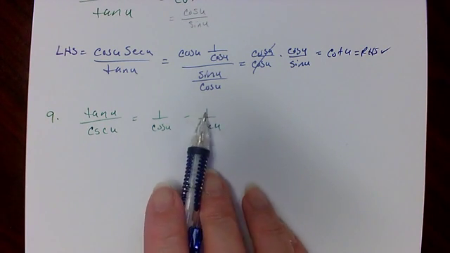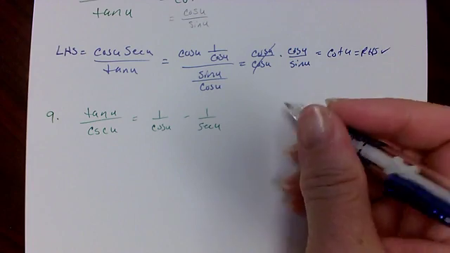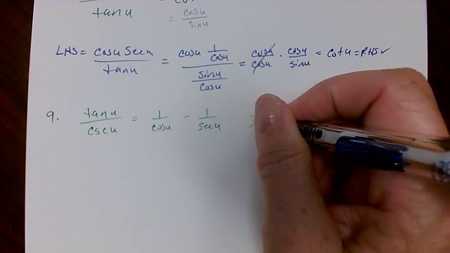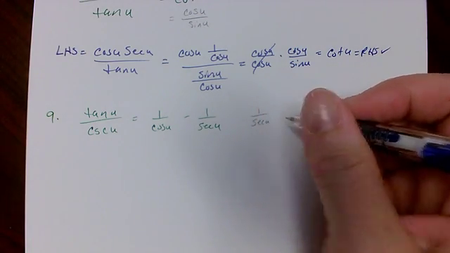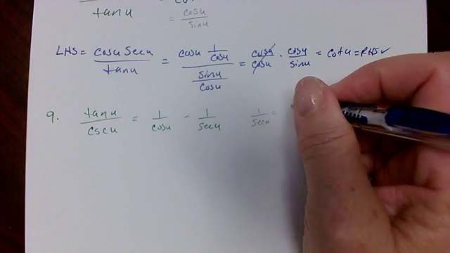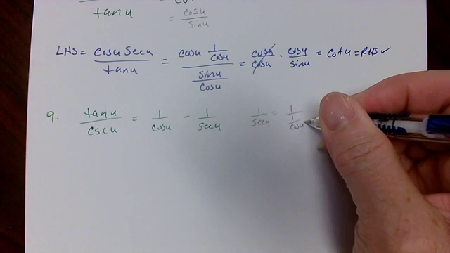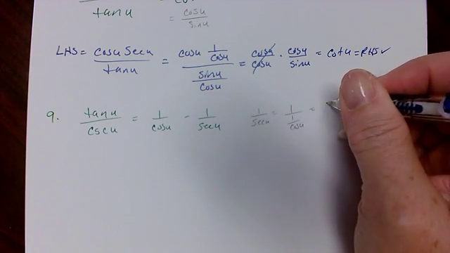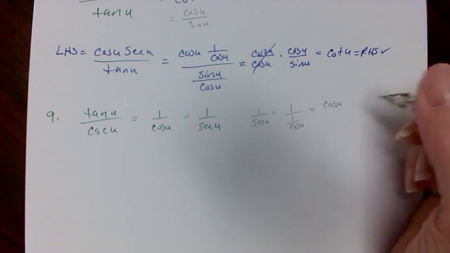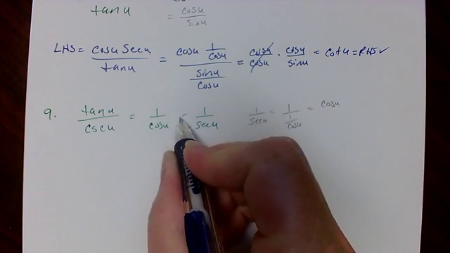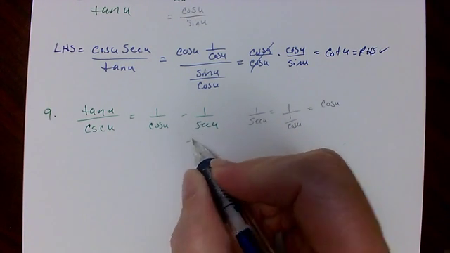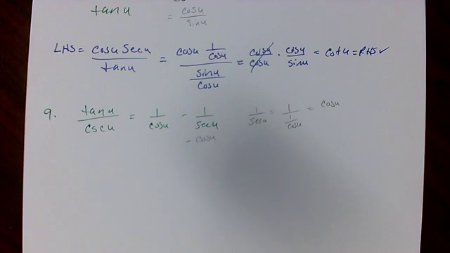I can rewrite 1 over secant u, since we want to write things in terms of sine and cosine. This will be 1 over 1 divided by cosine u. We don't divide by fractions, we multiply by reciprocals, and that will get me cosine u over 1, which is just cosine u. So this will really be equal to the negative, because of the negative sign there, cosine u.